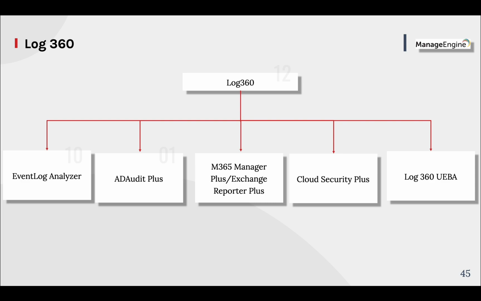Auditing your Microsoft 365 or Exchange on-prem, Cloud Security Plus, specifically AWS, Azure, Google Cloud, and Log360 Unified Entity Behavioral Analysis that can automatically identify an anomaly and can alert you through risk scores, and the IT administrator can perform the related operation here.